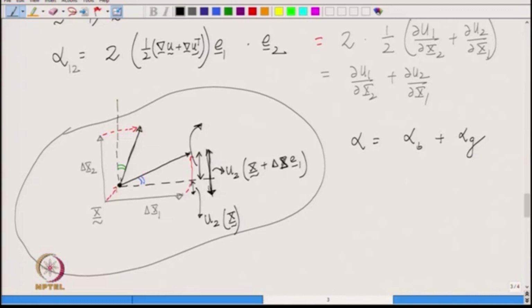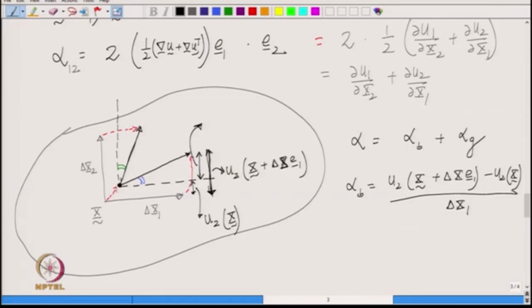So, alpha blue is the height, which is u2 of big X plus delta x E1 minus u2 of big X, divided by the base, which is delta x1 itself.